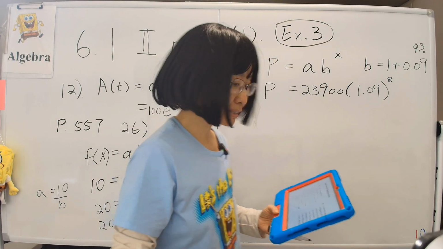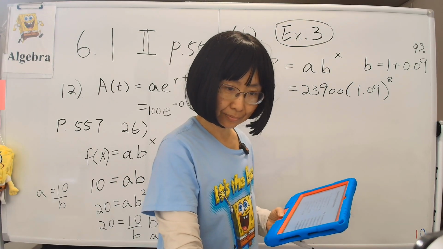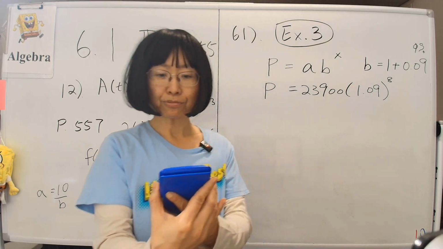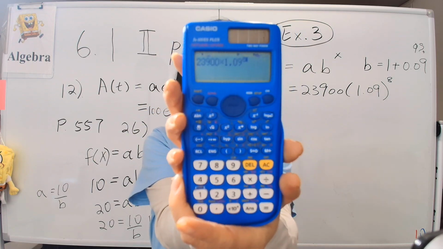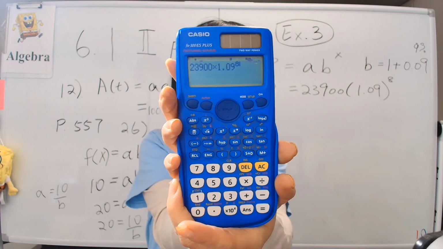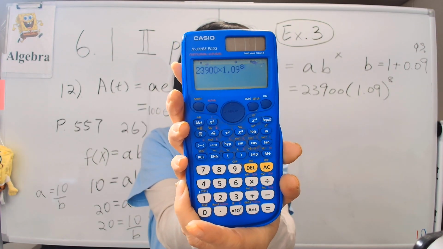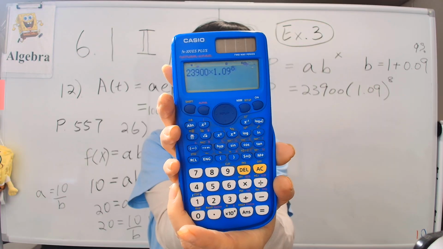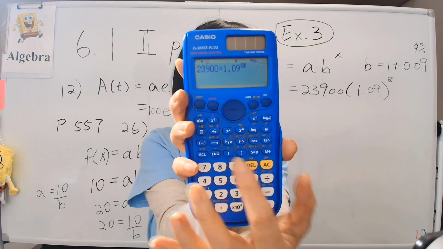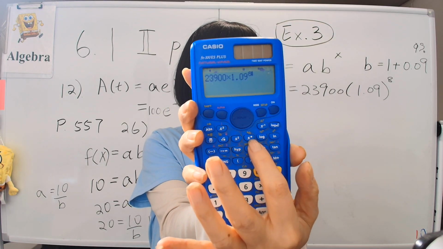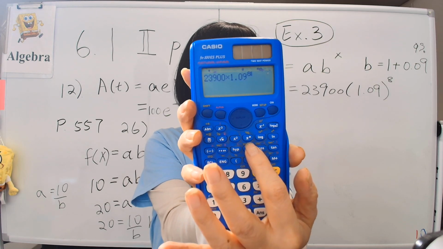So let's put that into the calculator. Okay, I typed it into my calculator. As you can see, there is 23,900. So far so good. And times 1.09 raised to the power 8. My calculator has this button right here, x something, and that's the exponent function.